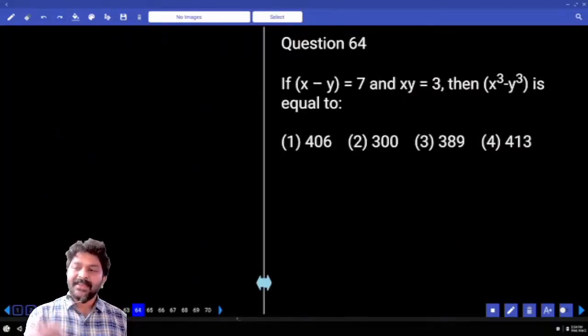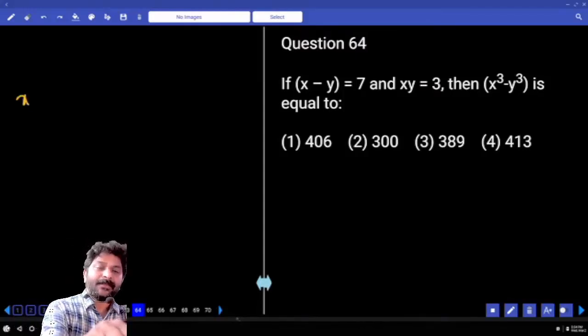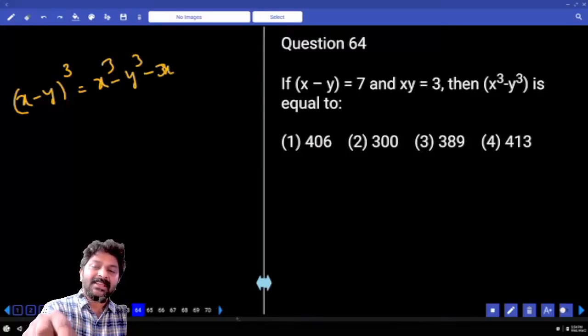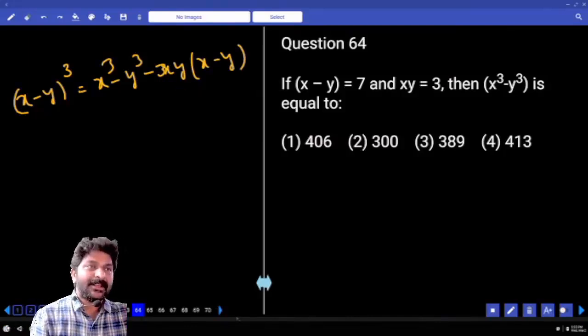Right, x minus y is given, xy is given, x cube minus y cube. So from this, x minus y whole cube is equal to x cube minus y cube minus 3xy into x minus y. If this value comes to the left hand side, it becomes positive only.